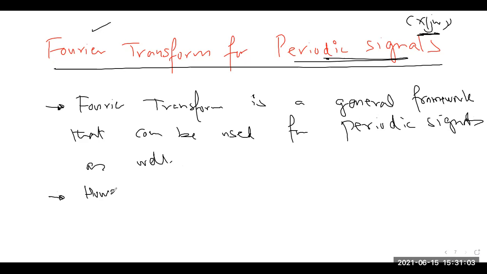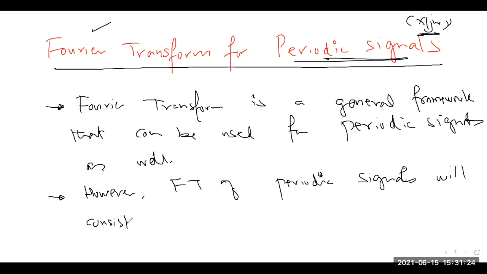However, Fourier transform of periodic signals will consist of train of impulses.